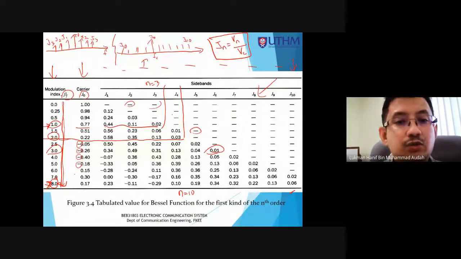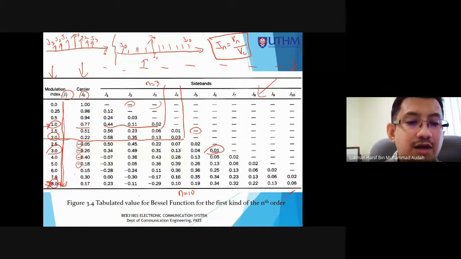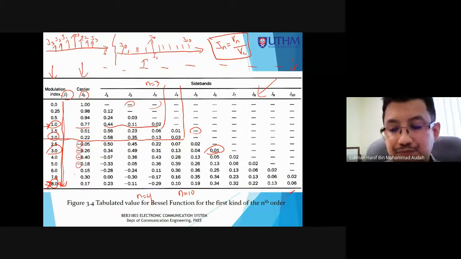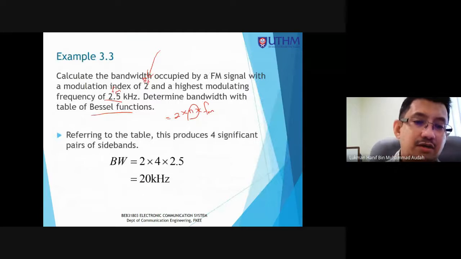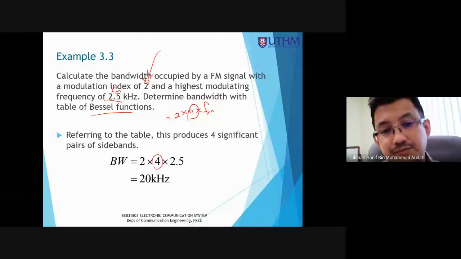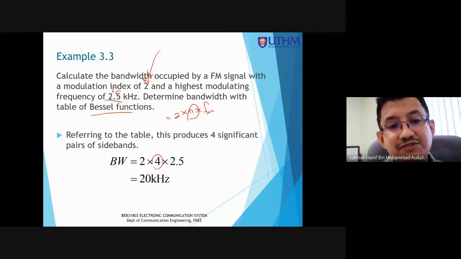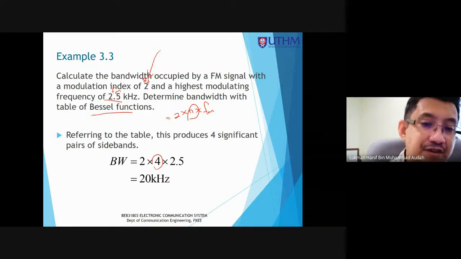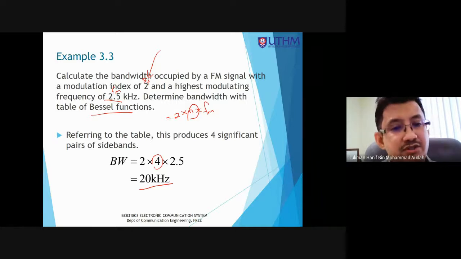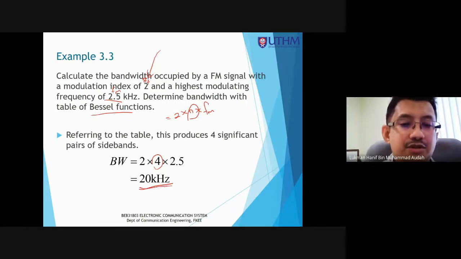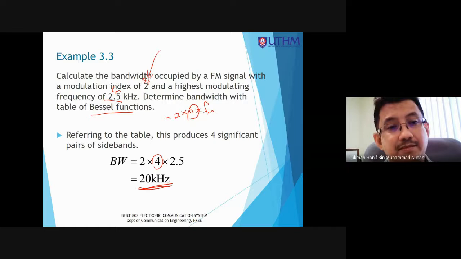So n equal to 4. Therefore, n equal to 4. Okay, so put inside the equations. Okay, so n here is 4. Okay, so 2 times 4 times 2.5, so we get 20 kilohertz. Selesai. Okay, so this is the bandwidth.